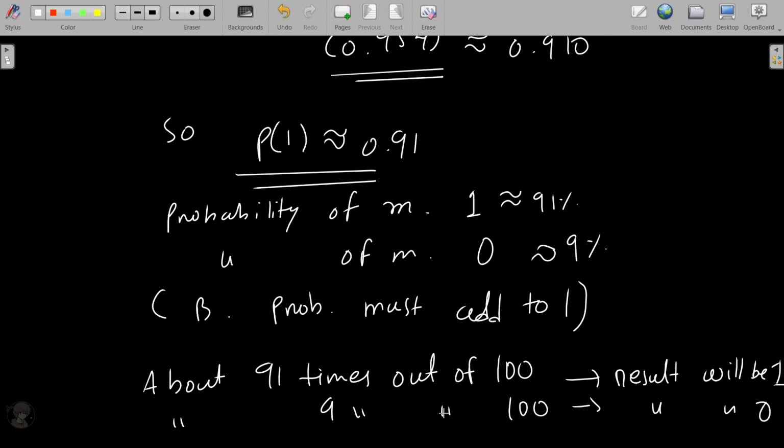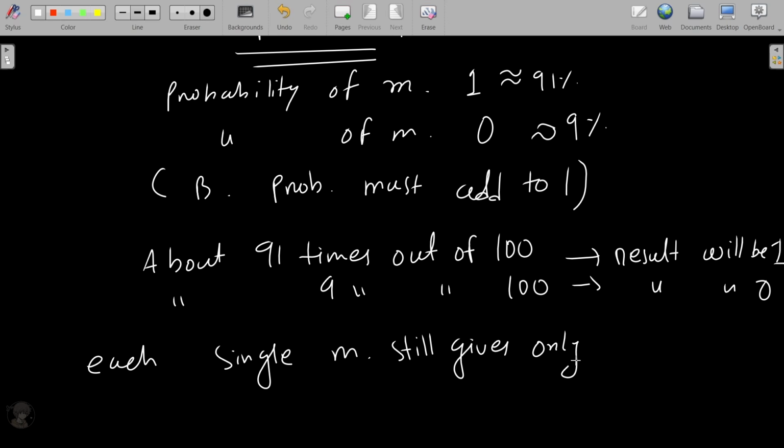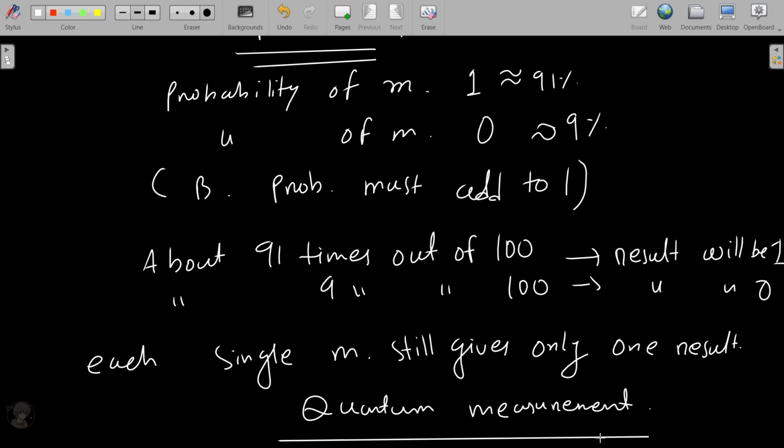But each single measurement still gives only one result. That's the key idea of quantum measurement.